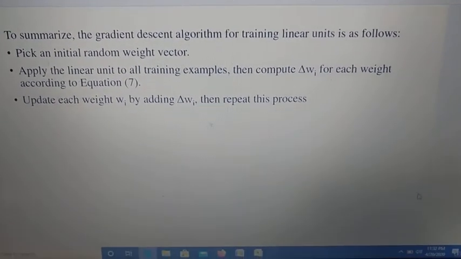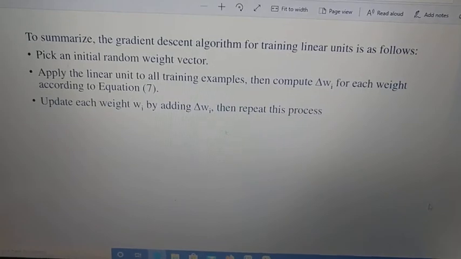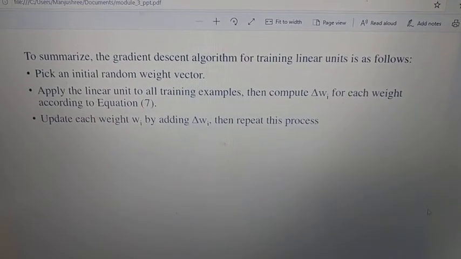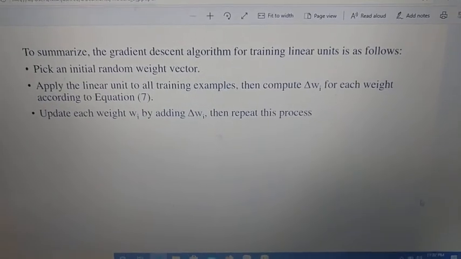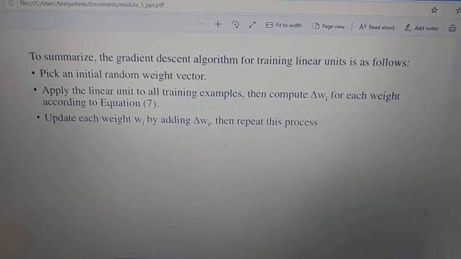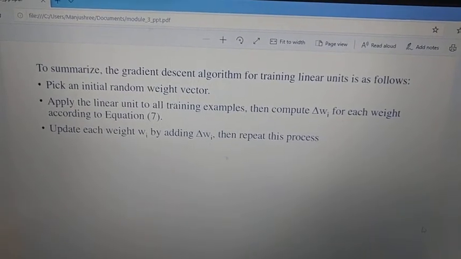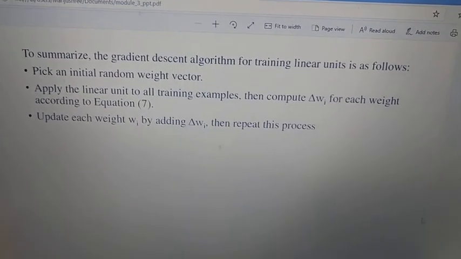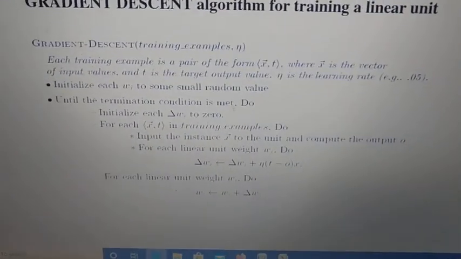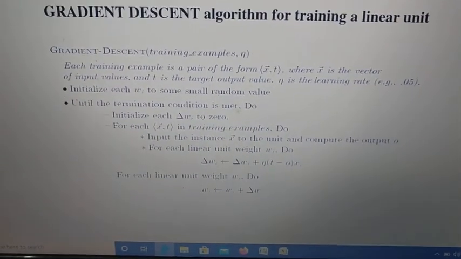Up to what point do we have to repeat? Until we get a minimum error, then a good weight, then we'll get an accurate output. That accurate output is the same as the actual output. So this is the gradient descent algorithm. So it should be written in terms of steps like this.